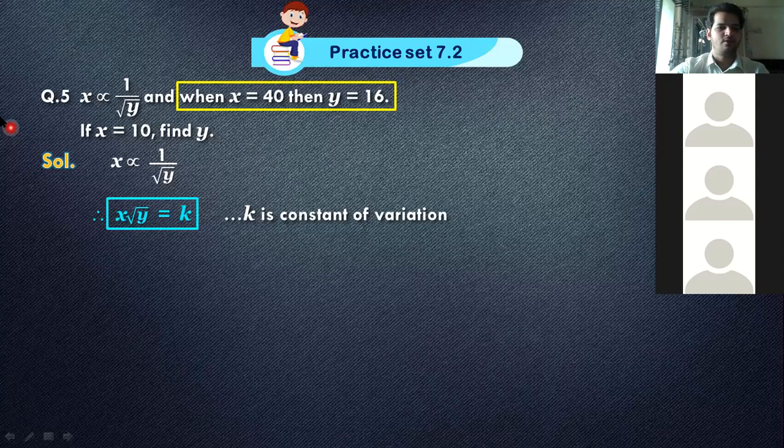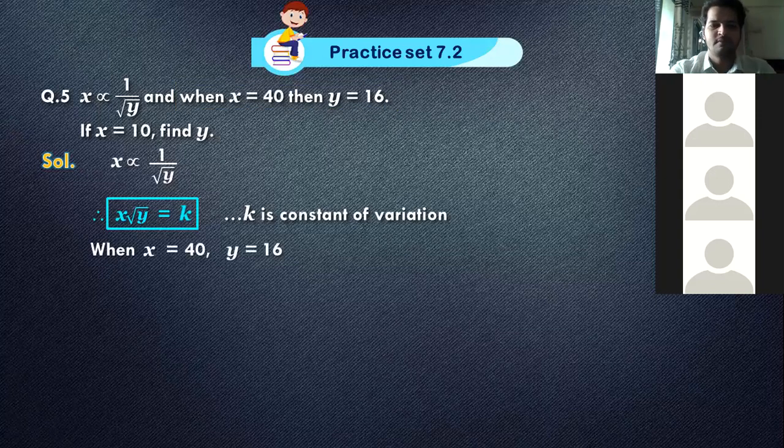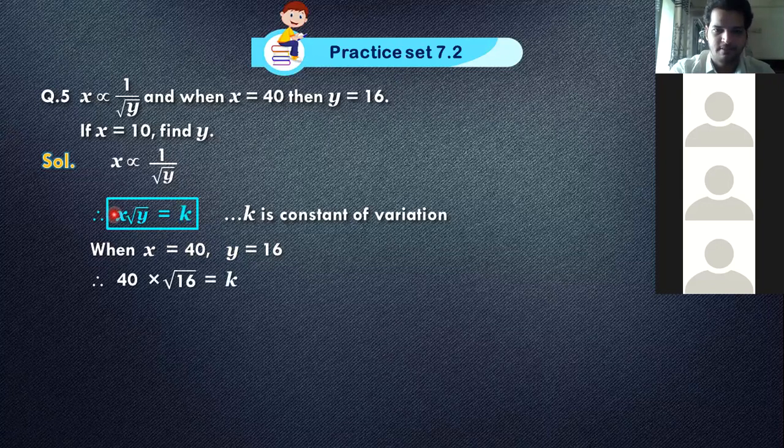Now, one by one we will substitute. What is the value of x given in the first condition? X is 40. What is y ka value? 16. But it is under square root sign. So we will write square root of 16 is equals to k, right?